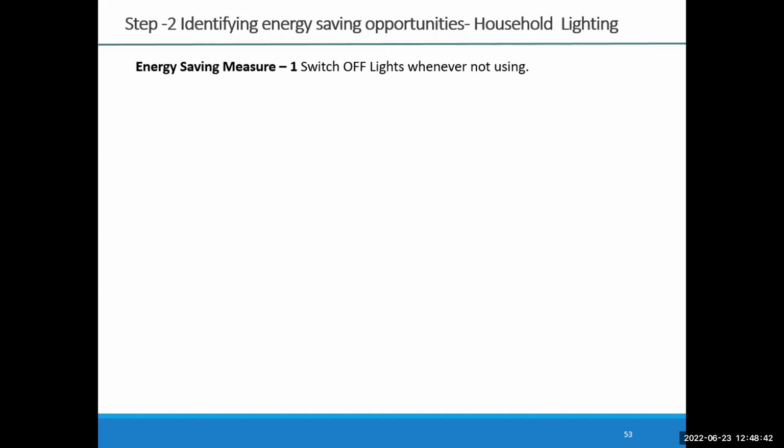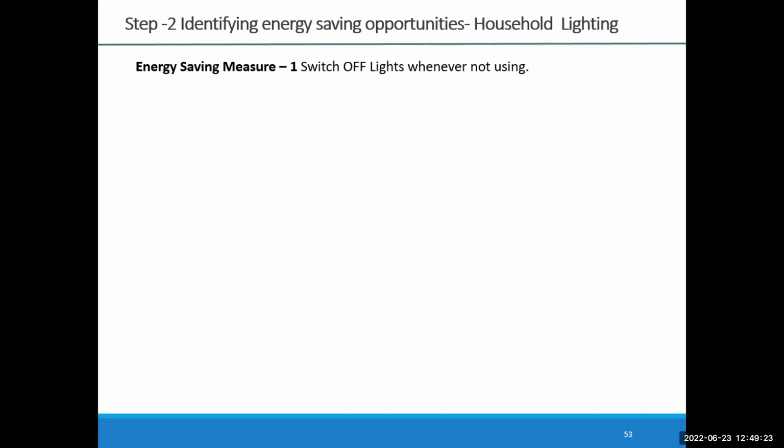Coming to step 2, identification of energy saving opportunities by means of proper utilization of the appliances, or by means of technology upgradation, or avoiding standalone power. So we need to look into those 3 categories to identify what can be done to save energy in these particular appliances. As a first measure, it is mentioned here: switching off lights when not in use. This comes under energy conservation opportunity.